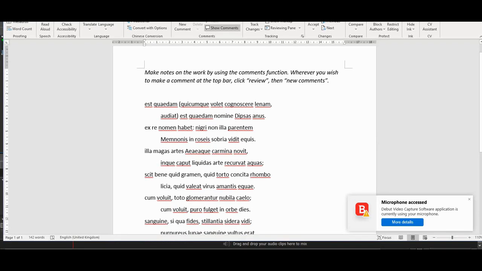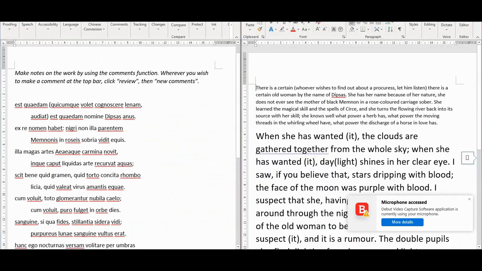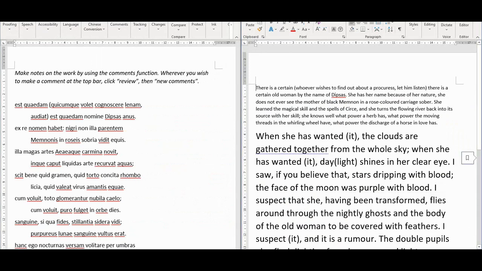You might also want to have the translation side by side next to it, so that you know what your points refer to. I won't on my screen, but I think you should, so that when you're making a stylistic point, you know what that section is about, and therefore what Ovid is trying to emphasize.